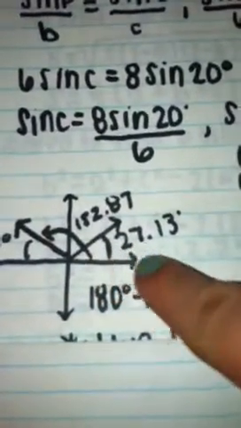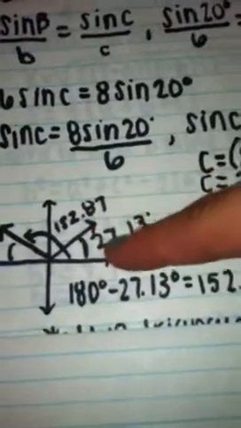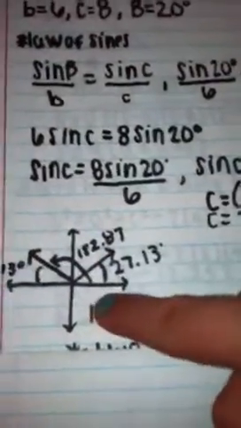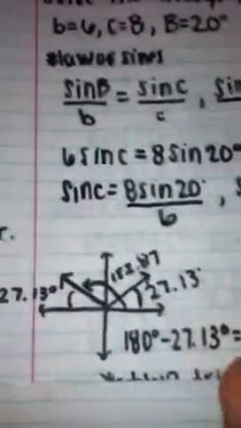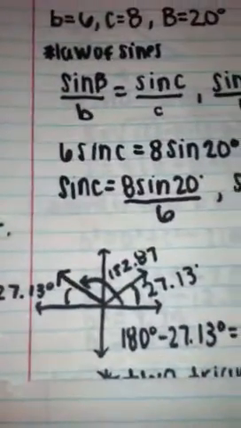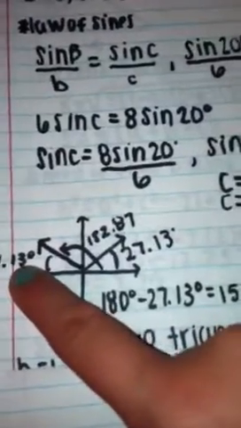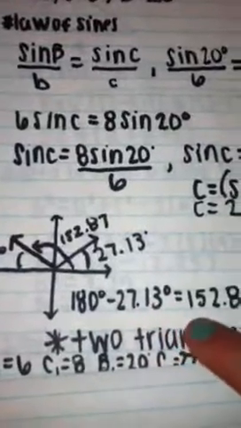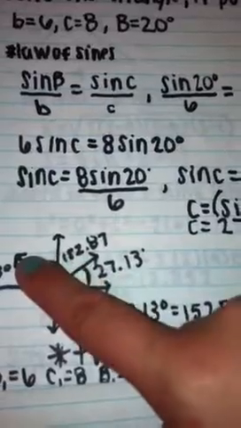So we're going to do that by plotting the points. Plotting the degrees, it's going to be 27.13 in the first quadrant, and we know that inverse sine is the first and the fourth quadrant being positive, but regular sine is the first and the second quadrant, so we've got to be smarter than our calculator and find the reference angle, which is 27.13 in the second quadrant, and then we have to subtract 27.13 from 180, equaling 152.87, because we need to find this angle right here.